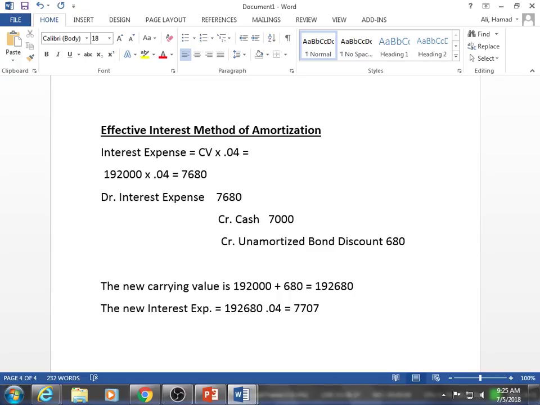So the journal entry is going to be, we're going to debit interest expense for 7,707, and we're going to credit cash for 7,000.